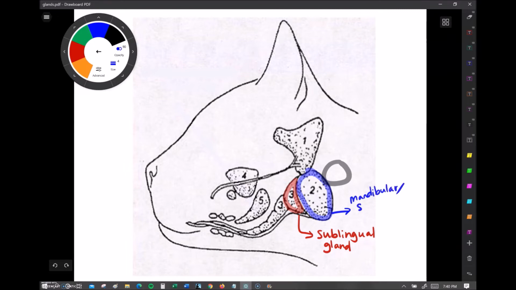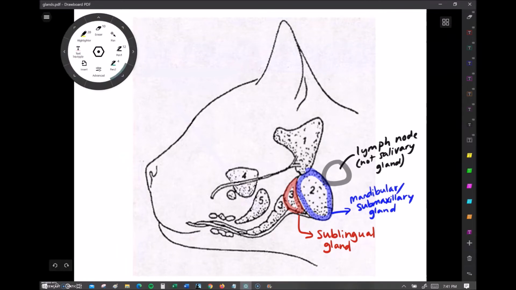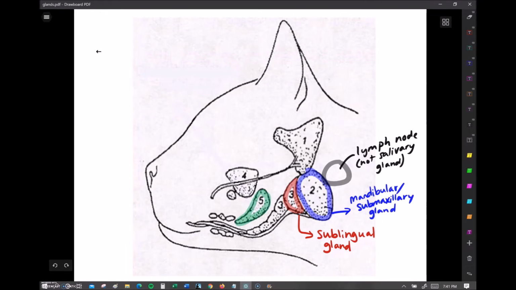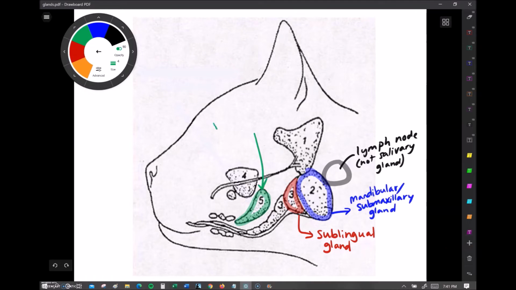We also had a lymph node back behind that, just to give you a frame of reference of where everything's at to jog your memory, but that's not a salivary gland. And then inside the mouth, number 5 right here, that's where that molar salivary gland is located, the one that we poked at behind the teeth right there.